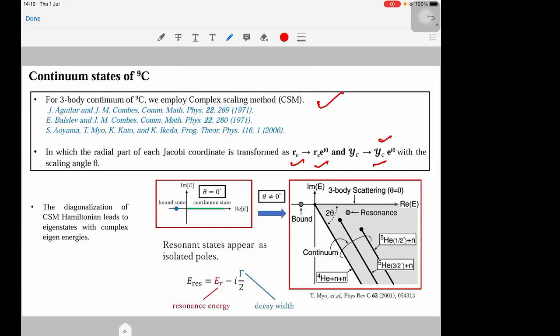In the red box, I have shown the schematic picture of the non-scaled Hamiltonian, where we have a bound state and the continuum states with real energy.